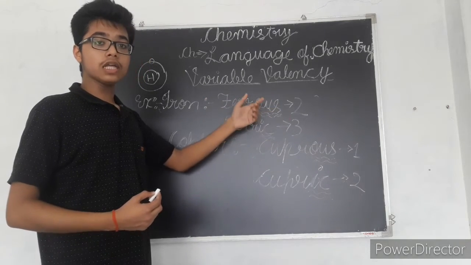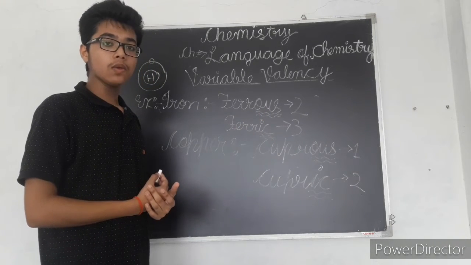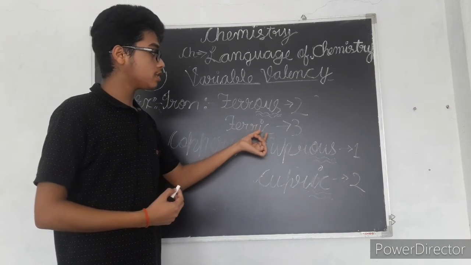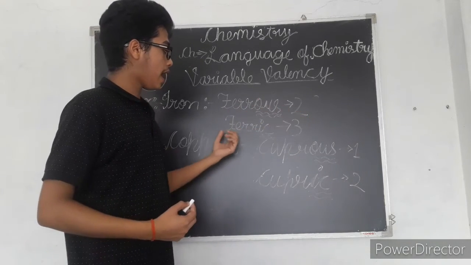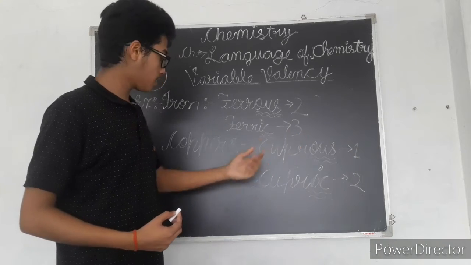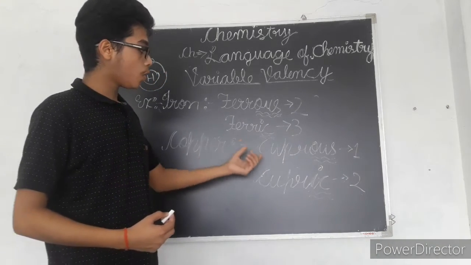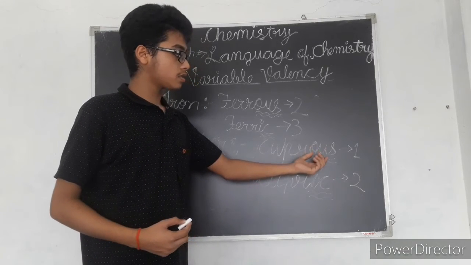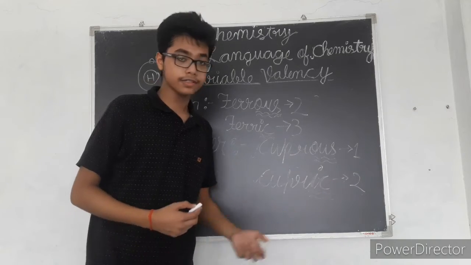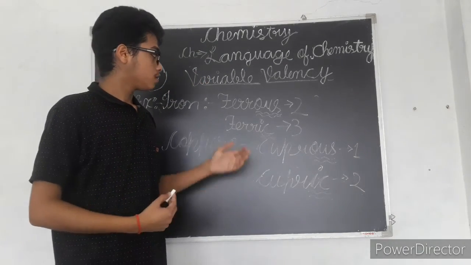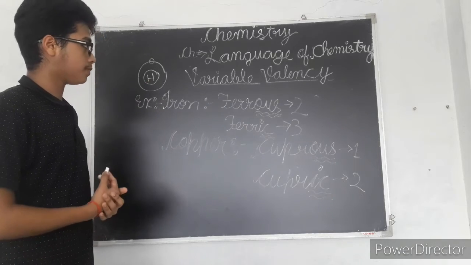Ferrous exhibits 2 and ferric exhibits 3. Copper also exhibits two valencies. One is cuprous, the lower valency 1, and cupric, the higher valency. So these are the examples of variable valency.